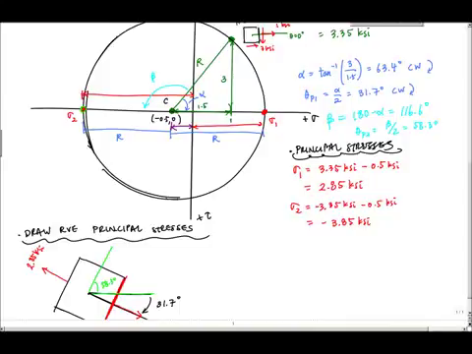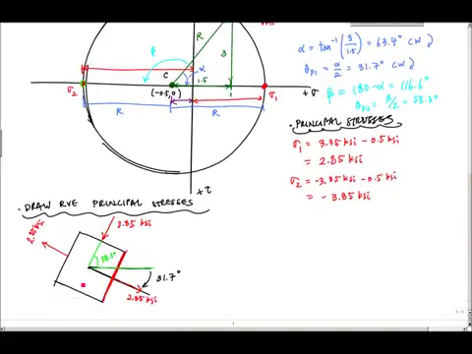Yay. So sigma 2 is at this face right here. My state of stress on this face, representing 58.3 degrees, is negative 3.85, meaning compression, 3.85 ksi on the face here, and then equal and opposite 3.85 ksi right here.